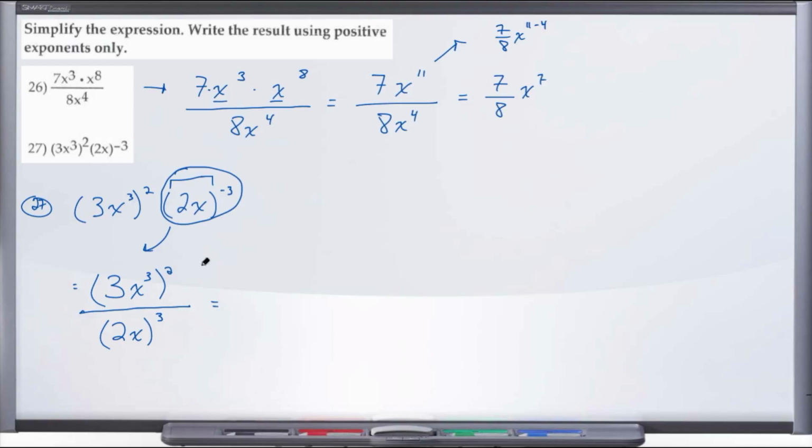All right, now let's see what happens. We're going to apply a power to a power, and same thing down here.